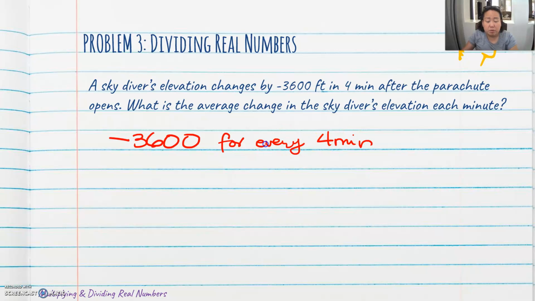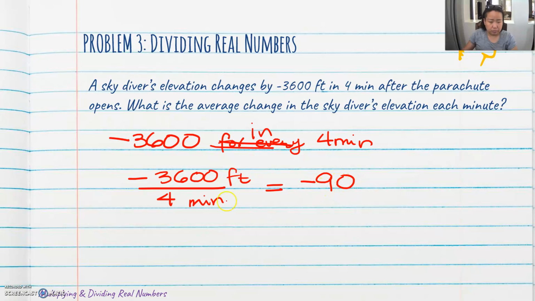We need to know how much the change is for every 1 minute. For us to do that, we take 3,600 feet divided by 4 minutes. That will give us negative 900, my bad. Negative 900 feet is the change for every minute.